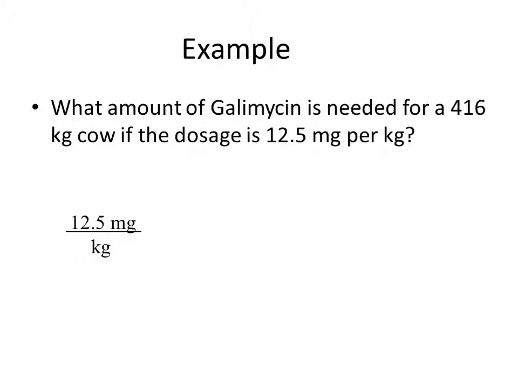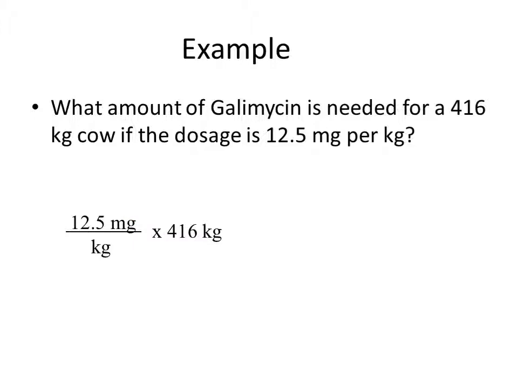How do I get rid of kilogram? Well, I multiply by the mass of the cow, which is 416 kilograms. Notice, kilograms cancels out, and milligrams is what you end up with.